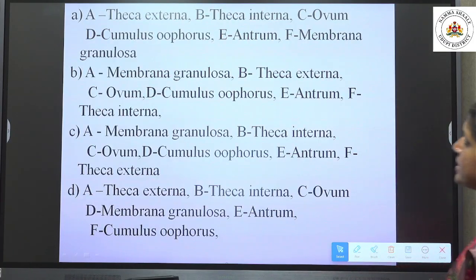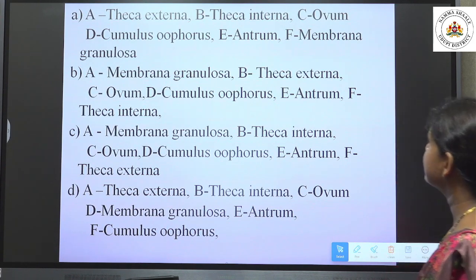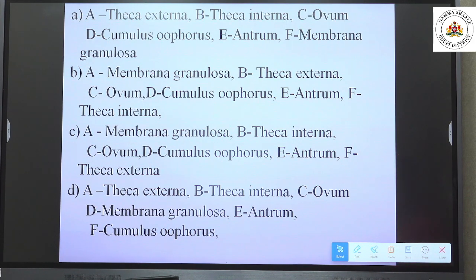In the option given here, A is the theca externa, it is correct. B is the theca interna, and C is the ovum.